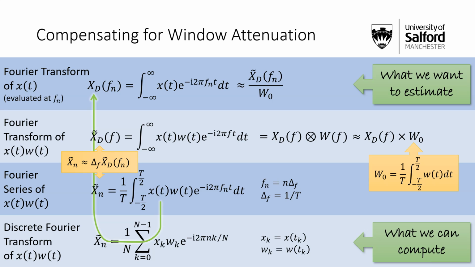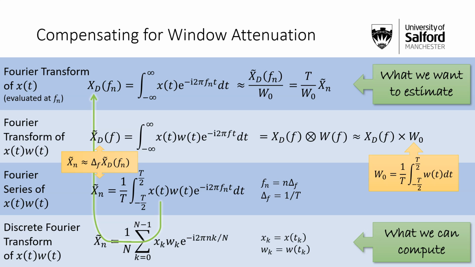And then we've also got to compensate for the fact that that's a density, whereas Fourier series give amplitudes, and the way we do that is multiplying by T, the period of the Fourier series.